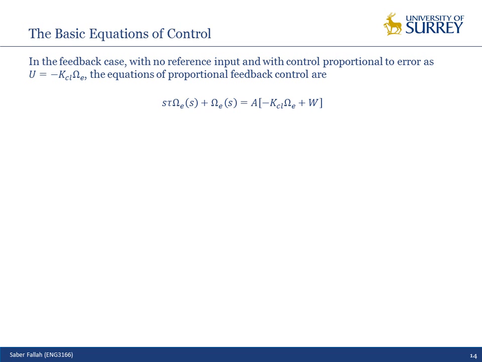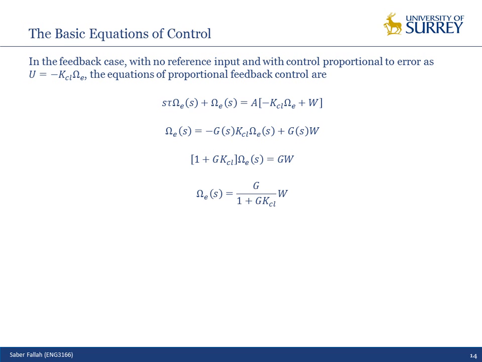I just substitute U here, minus K closed loop omega E. If I reshape this, I will have omega E(s) equal to minus G(s)K closed loop omega E(s) plus G(s)W(s). I just brought this one here, and if you define the variables, you will see what omega is. So (1 plus G K closed loop), this is the control gain, multiplied by omega E will be G(s)W(s).